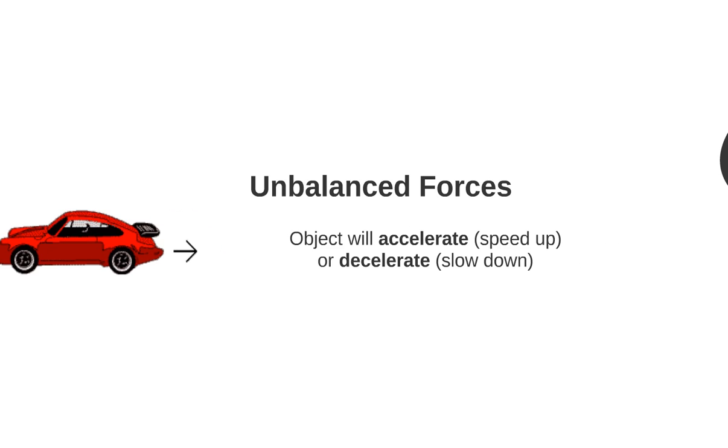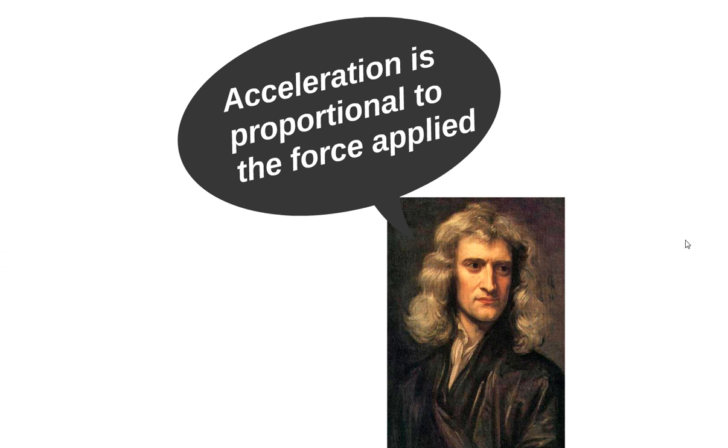This is essentially Newton's second law, where he said acceleration is proportional to the force applied. So if there's a net force applied to an object, that's proportionate to its acceleration. If we apply a small net force, it'll accelerate slowly. If we apply a large net force, it will accelerate much more quickly.